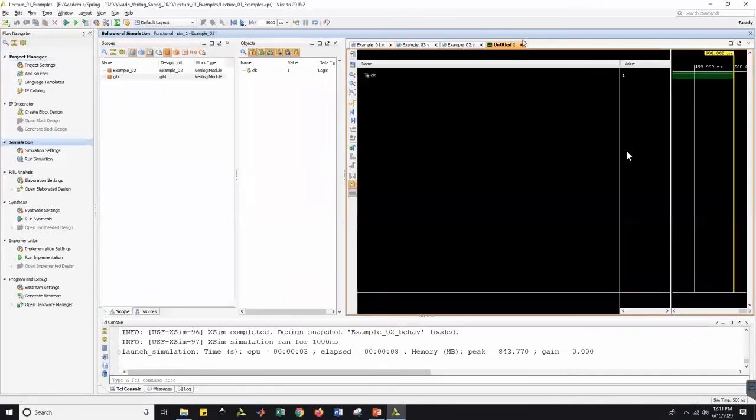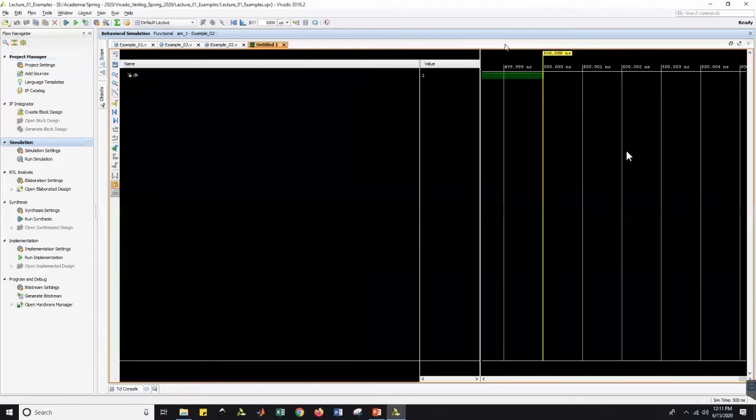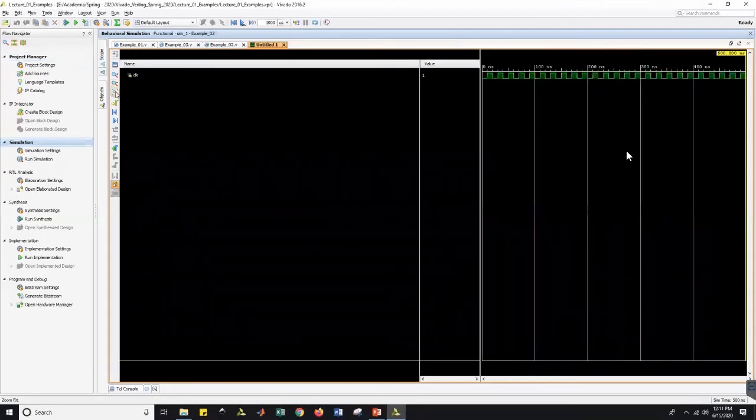Okay, double click and fit. This option is zoom fit, or fit to the window. So you can see this is the clock. The clock is being generated.